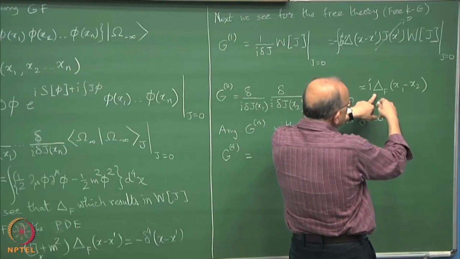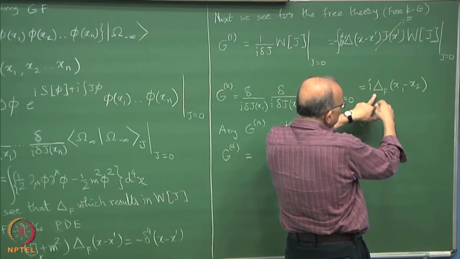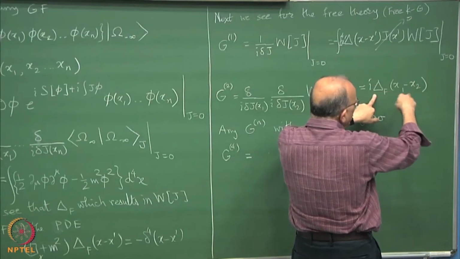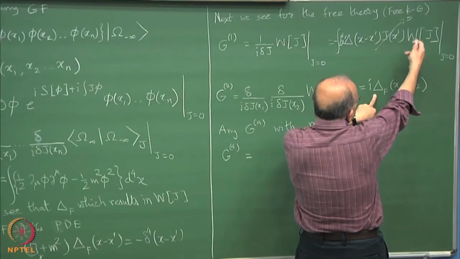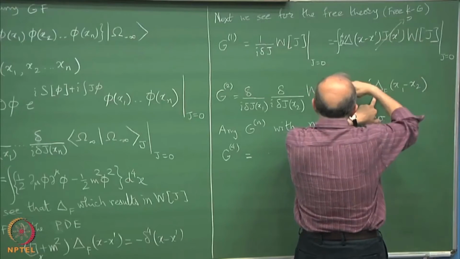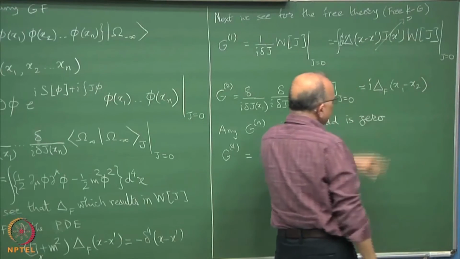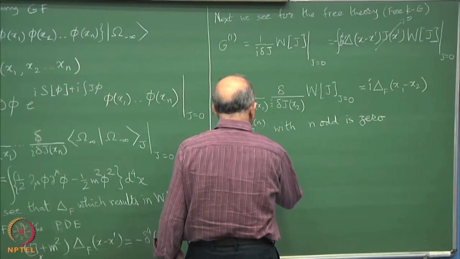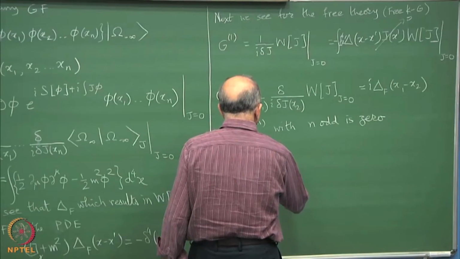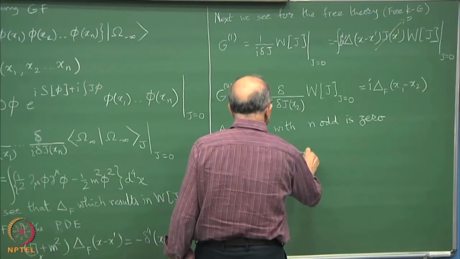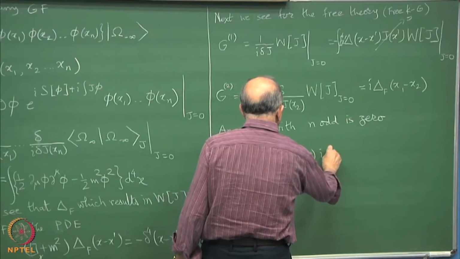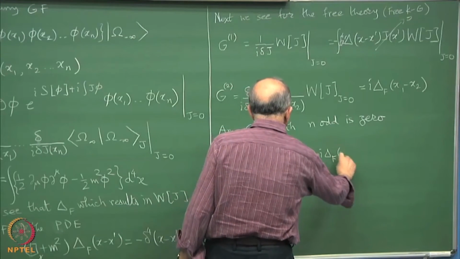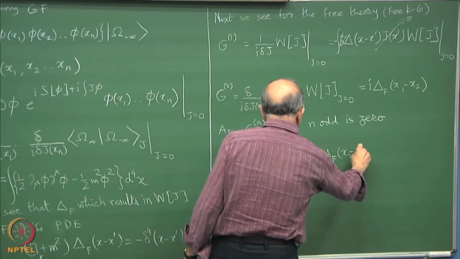When I vary with the next J, these things cannot give any contribution. So again, more deltas have to be brought down from the exponent of W. So what will happen is that I will get I times delta F of x1 minus x2 and I times delta F of x3 minus x4.